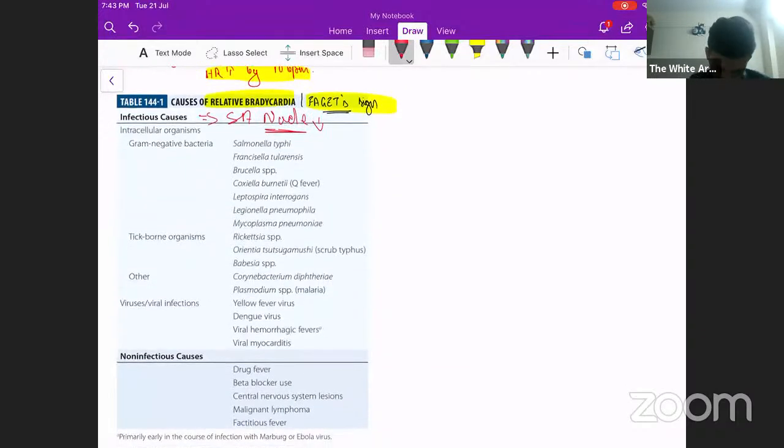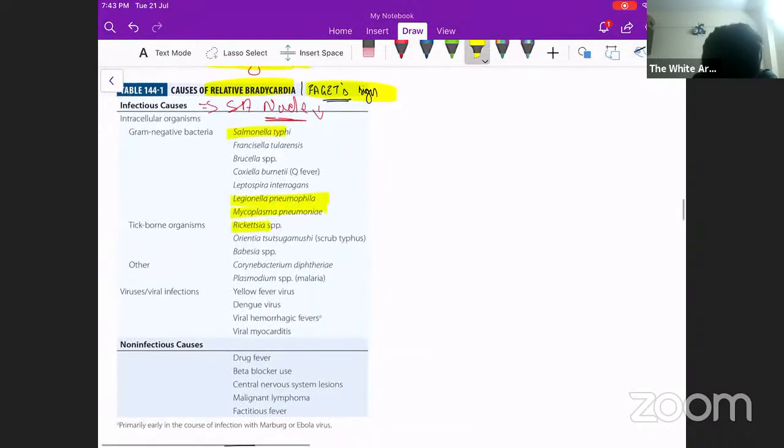So the main infective causes you have to remember are Salmonella typhi, Legionella, Mycoplasma pneumonia, Rickettsia, diphtheria, yellow fever. Dengue and malaria very rarely cause it.